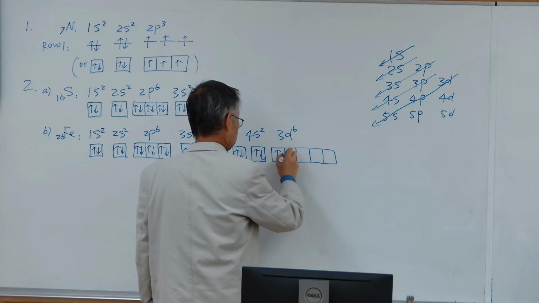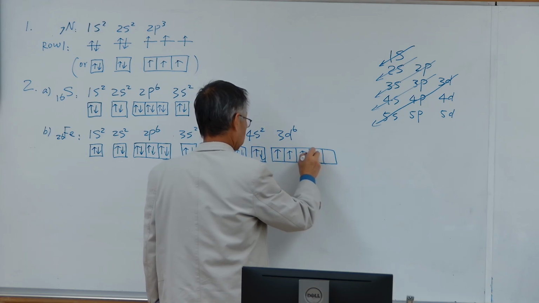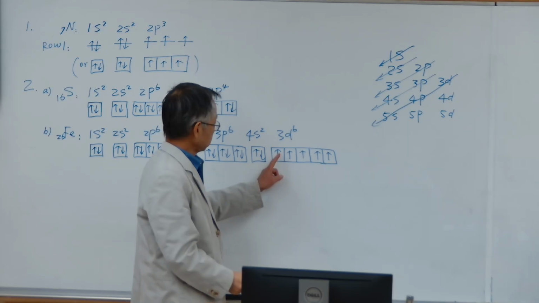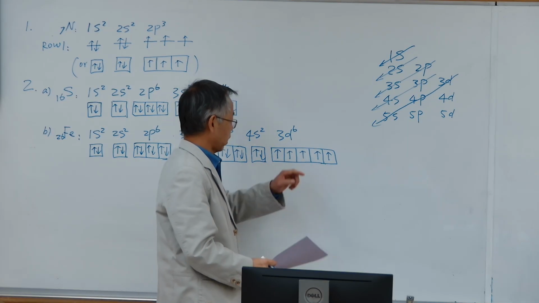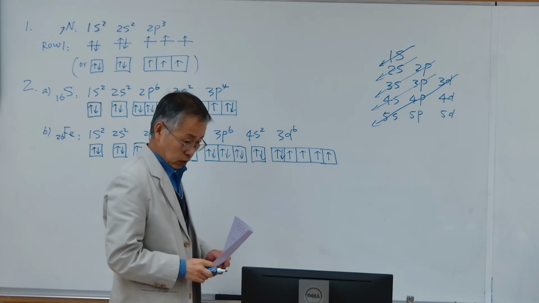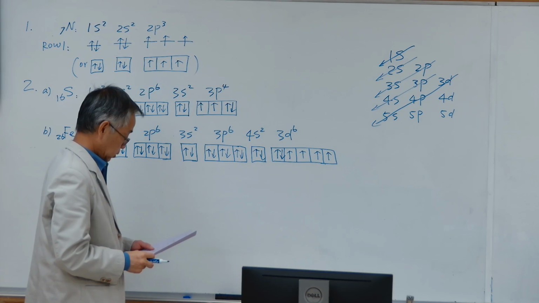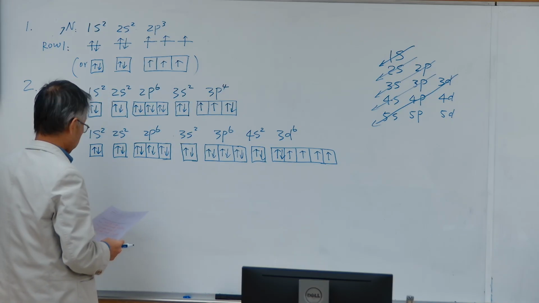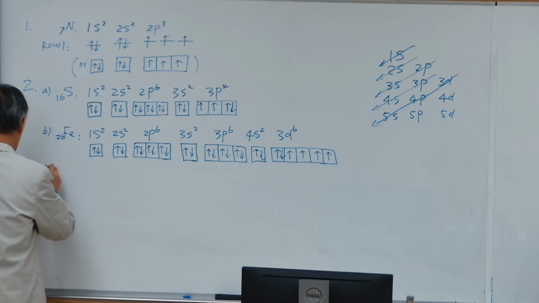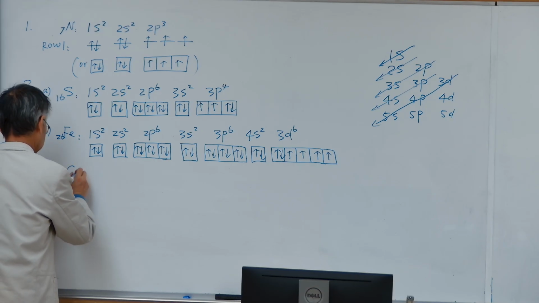Fill in 1 electron first in each orbital. Then the last one, you can fill in any one of these 5, but it must be in opposite spin direction. Okay. This is iron.